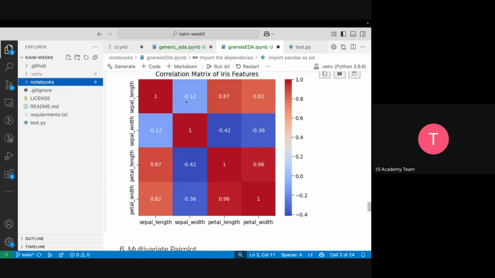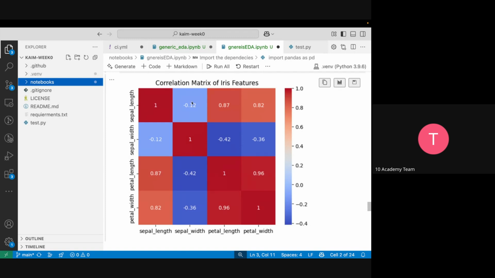And here you can see a negative one: the sepal length and the sepal width are negatively related, which means if the sepal length is longer, the width is a bit narrower.